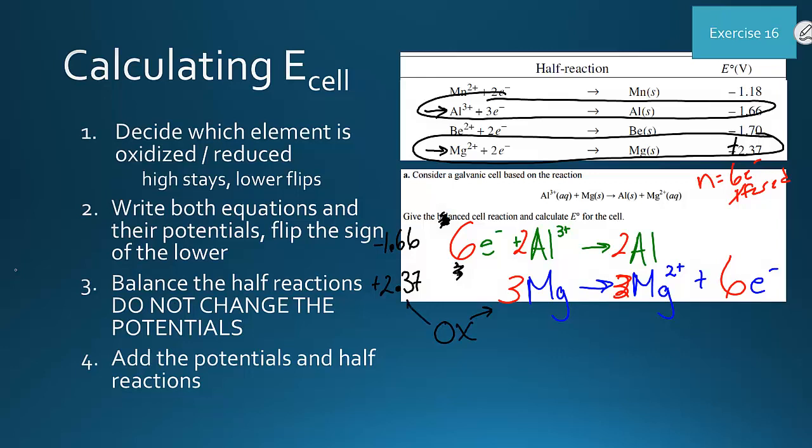So we need the oxidation potential of magnesium. In order to determine the cell potential for the overall battery, just add everything up. The 6 electrons cancel out, so 2 aluminum ions and 3 moles of magnesium make 2 moles of aluminum and 3 moles of magnesium ions, and that reaction has a standard cell potential of 0.71 volts.